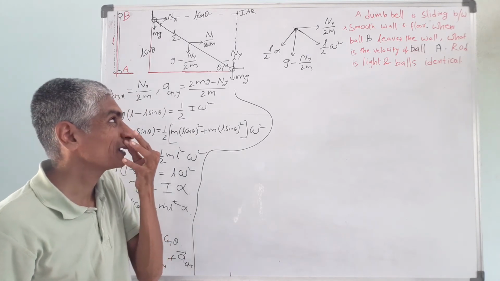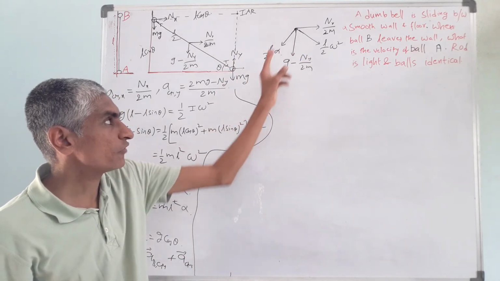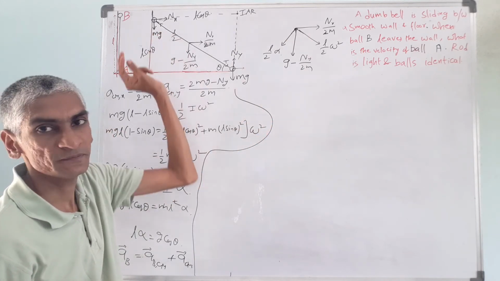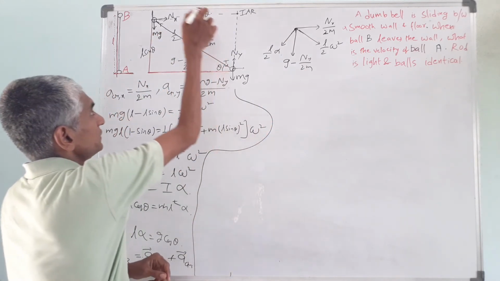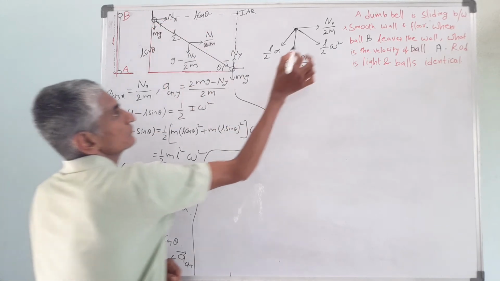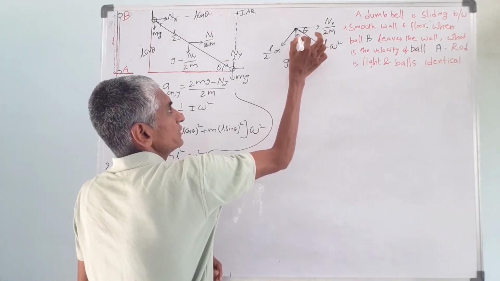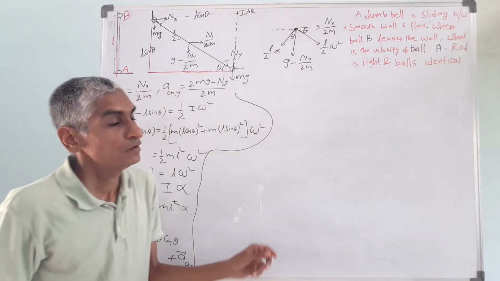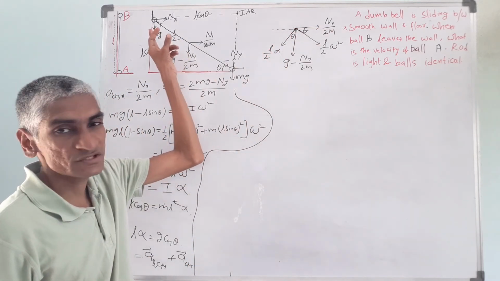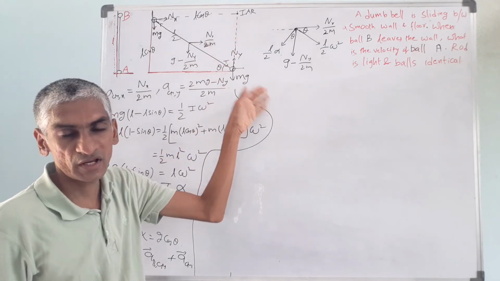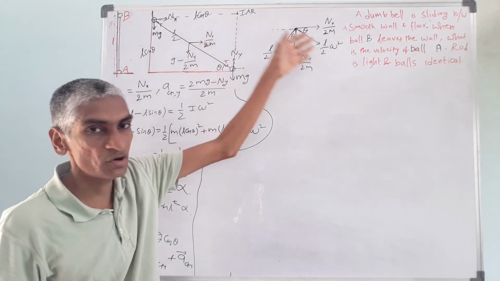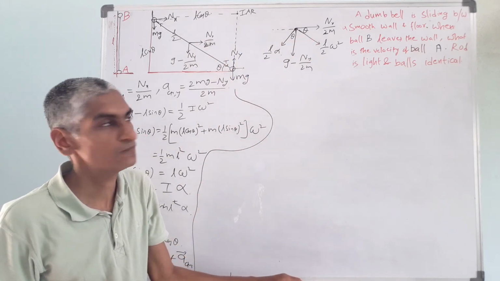Now you see, the sum of all these four vectors is the acceleration of B. Angles are clear, so this is theta, this is 90 minus theta, and this is theta. Because the direction of the acceleration of this is known, that is downward, as it is moving along the wall downward, I am writing the acceleration of the ball in the horizontal direction as 0.